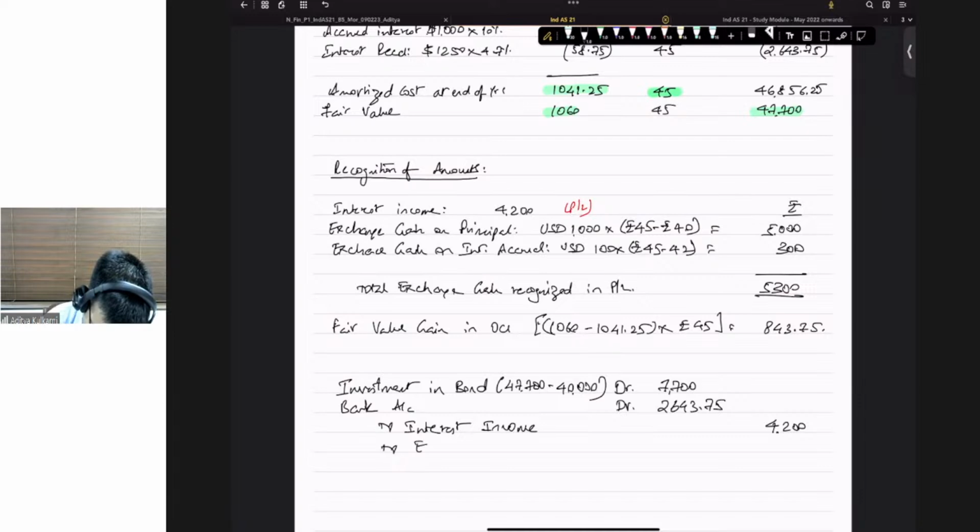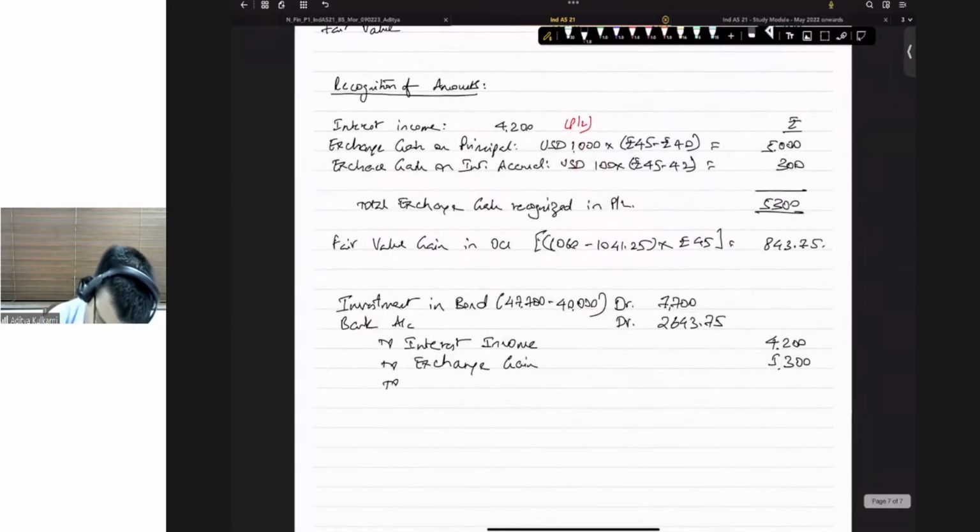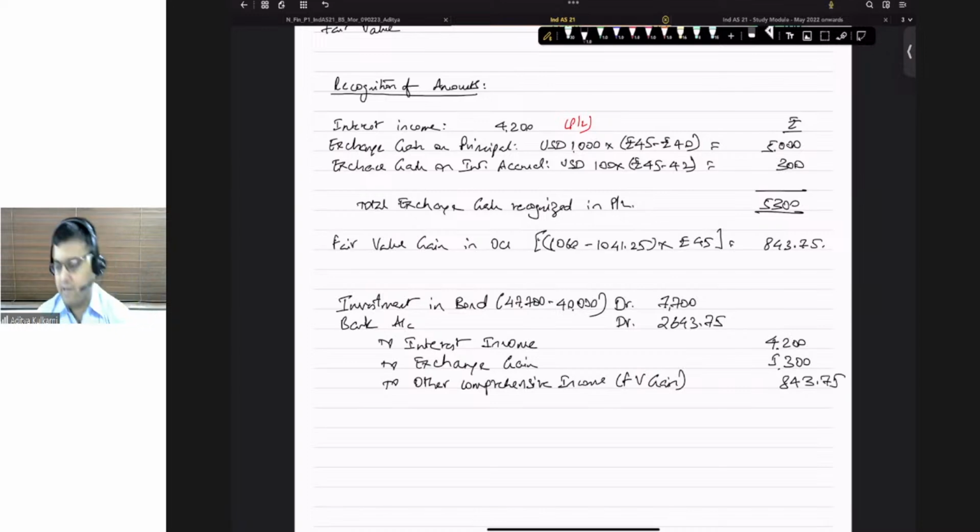To exchange gain, that is how much? 5,300. To other comprehensive income, fair value gain, 843.75.